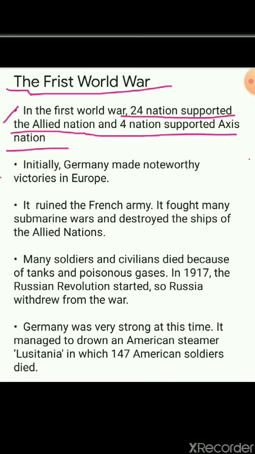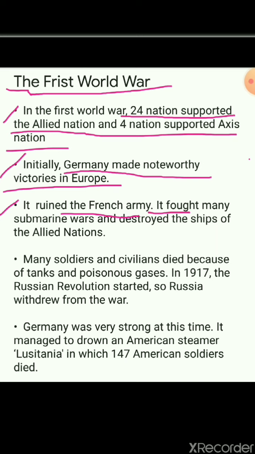Next. Initially, Germany made a noteworthy victory in Europe. That means Germany started capturing more and more regions of Europe. It ruined the French army. That is, Germany ruined the French army.